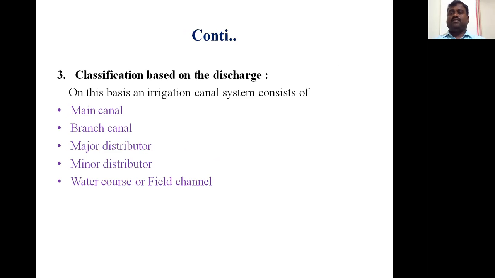Main canals are usually constructed directly from the resource point, and these canals are designed with the larger cross-sectional dimensions, and these carry the flow of water at a higher rate.